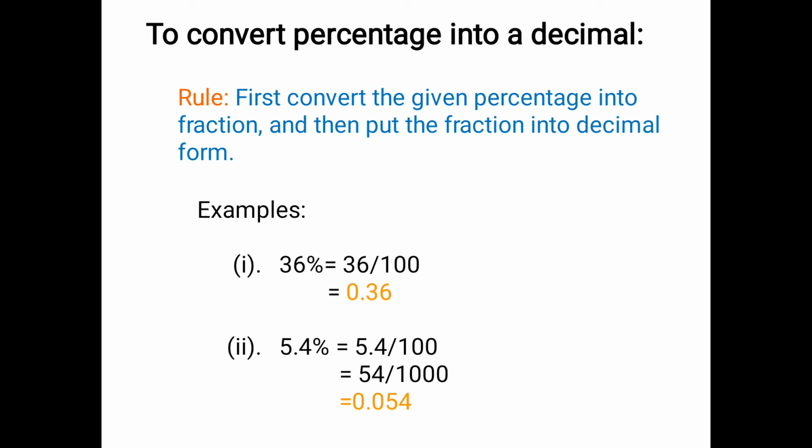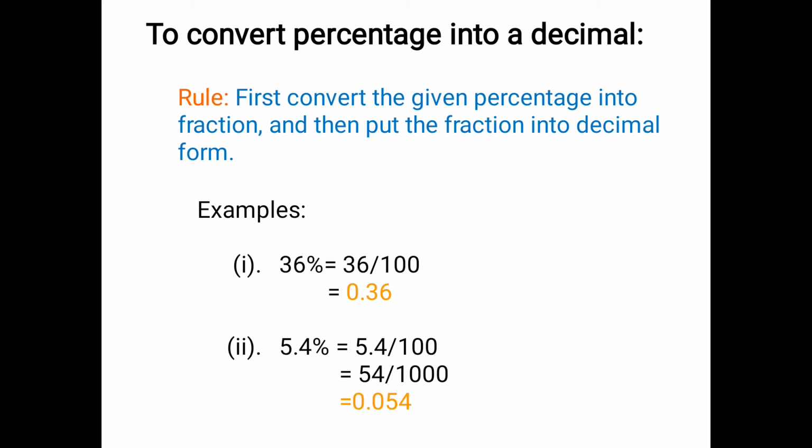Now we have to keep the decimal dot in the final answer. 3 zeros are there, so we have to keep a dot after 3 digits, from right to left.